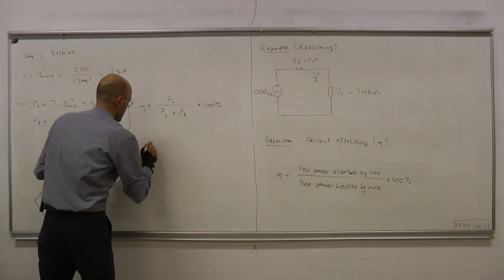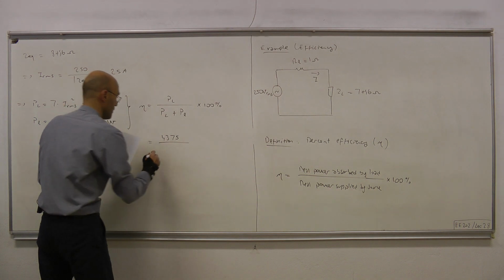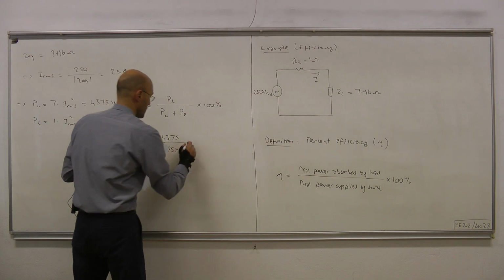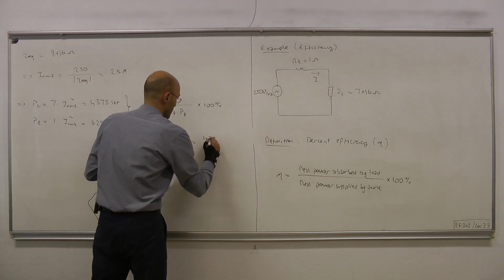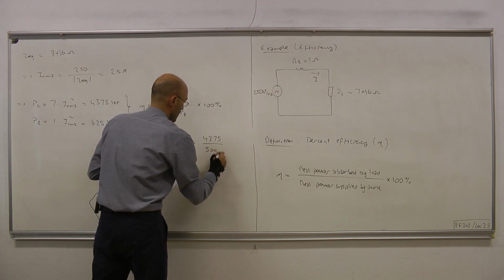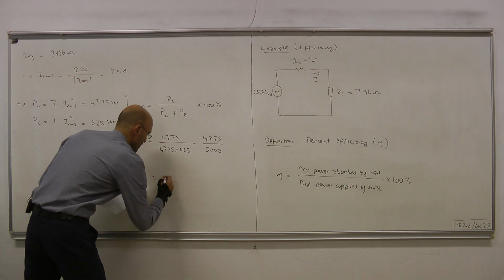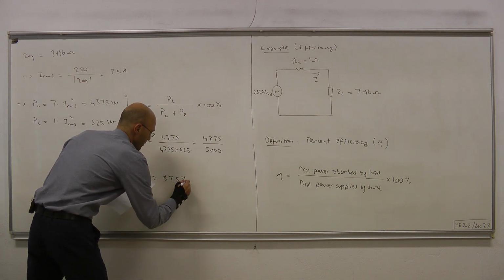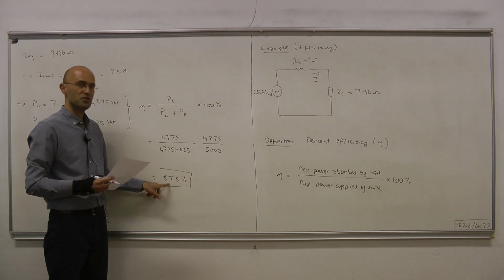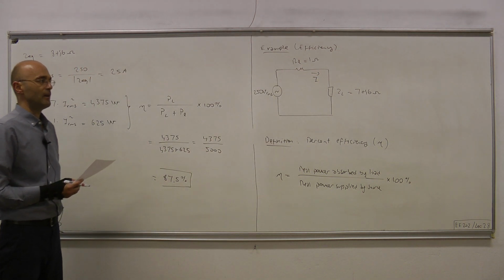So that equals 4375 divided by 4375 plus 625, which is 4375 over 5,000. Expressed in percentage, that's 87.5%. So that's the efficiency of this system for the given parameter values.